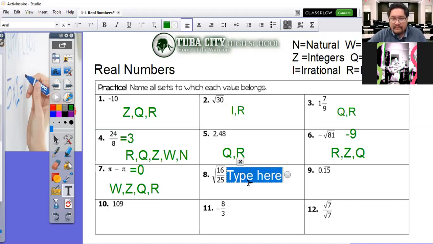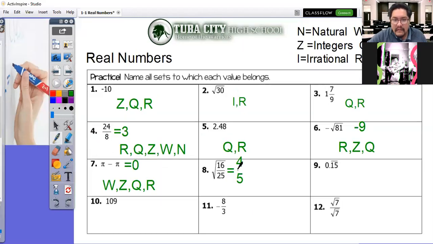So what about this one? What is the square root of 16 over 25? Now this one's a little bit of a tricky one. So I used the square root first. So again, square root of 16 and square root of 25. So this is just sort of a shortcut we need to do.